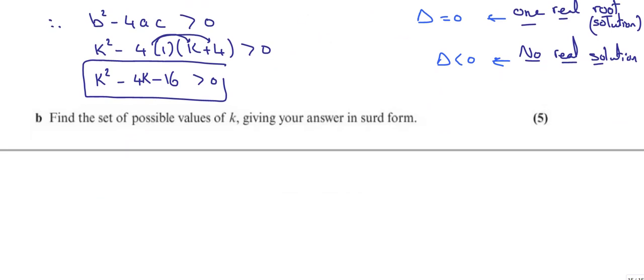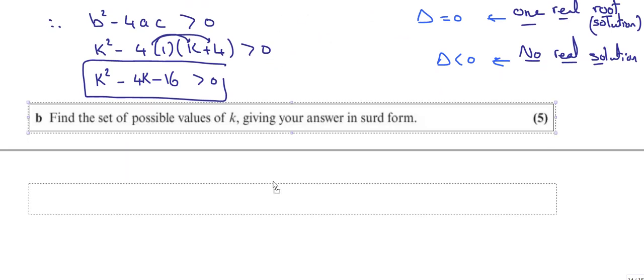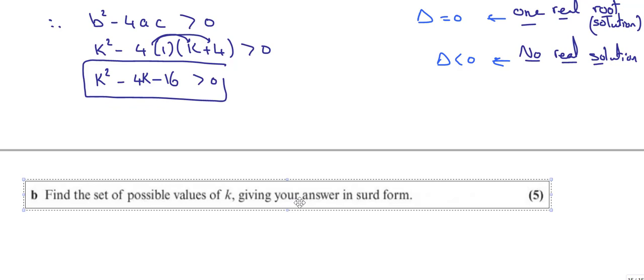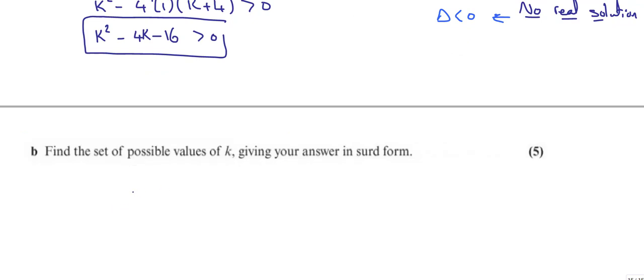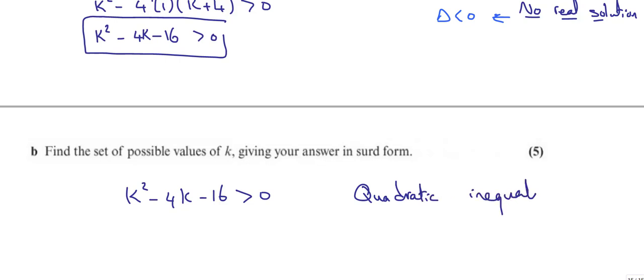Let's move on to the next one and please pay good attention. I'm going to teach you a very easy way to solve something like this. خلاص. ركزوا معايا يا شباب. If I have k squared minus 4k minus 16 دي اسمها quadratic. It's called quadratic inequality عشان we have greater than, so it's inequality, it's not equation.